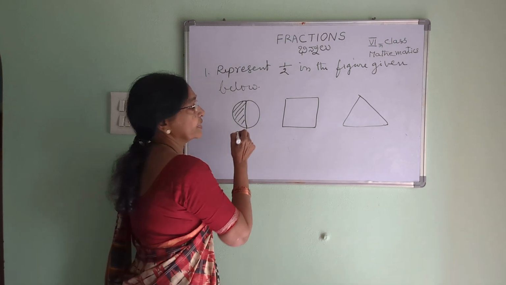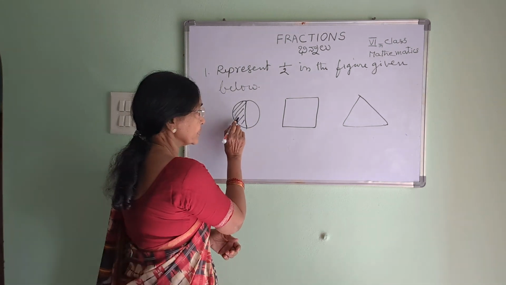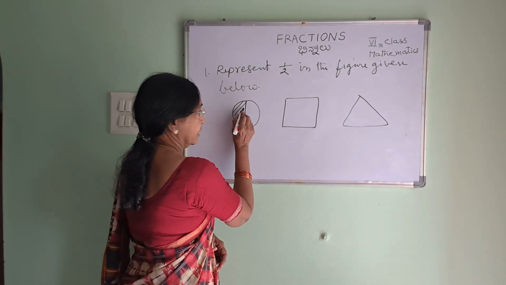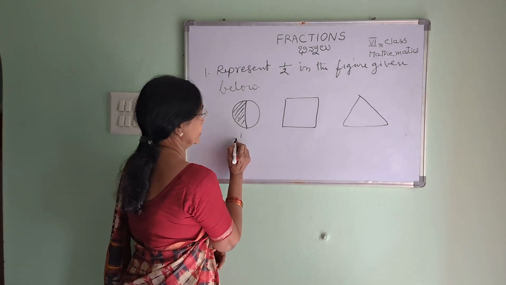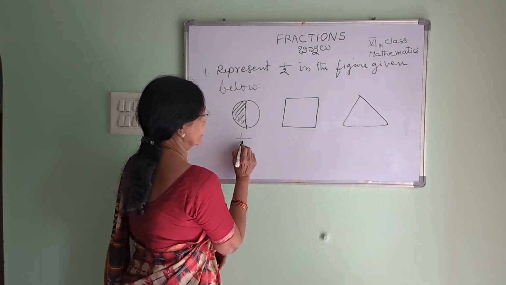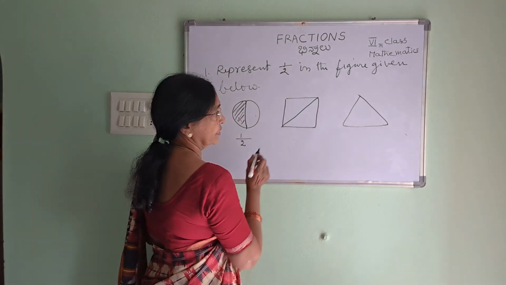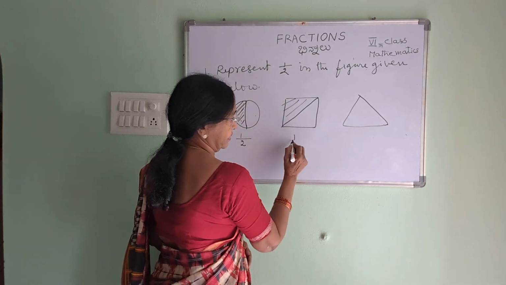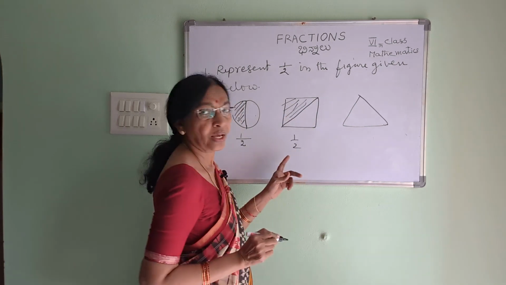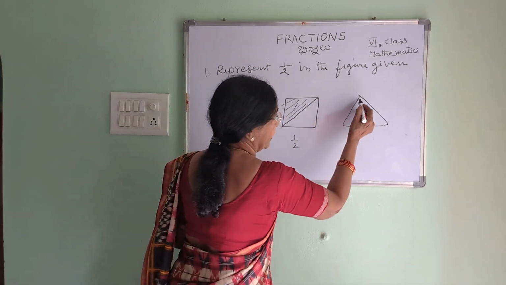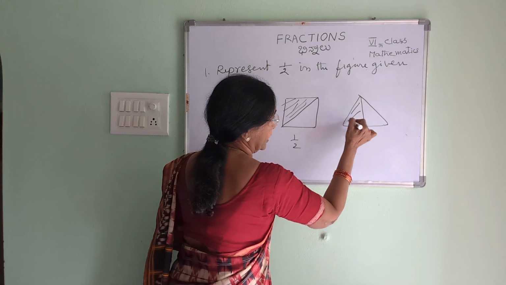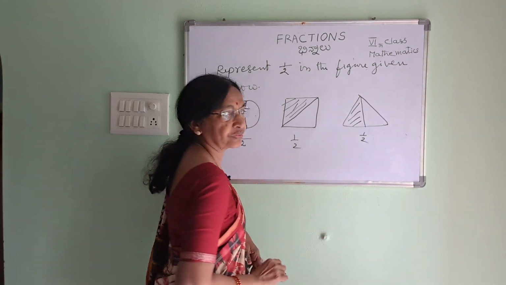So, one part is shaded. It represents half, because the number of parts considered is 1 and total parts 2. Here also we can divide it like this. 1 is shaded, that shaded portion represents half.